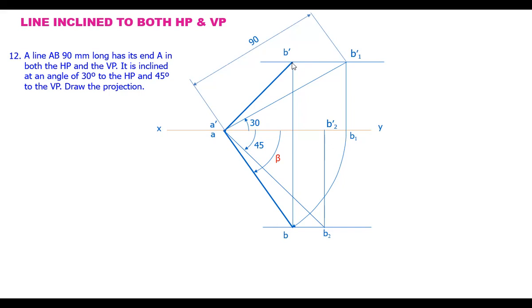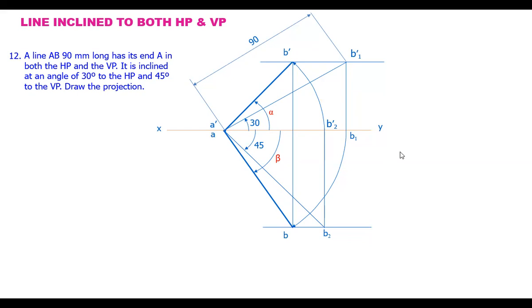Otherwise, the problem is wrong. So this is the way. You can draw the arc here and get the B dash. If you draw a projector, B dash must be on the same projector. Otherwise, the problem is wrong. So here the apparent angle is found here, alpha. The final projections and the apparent angles are drawn.